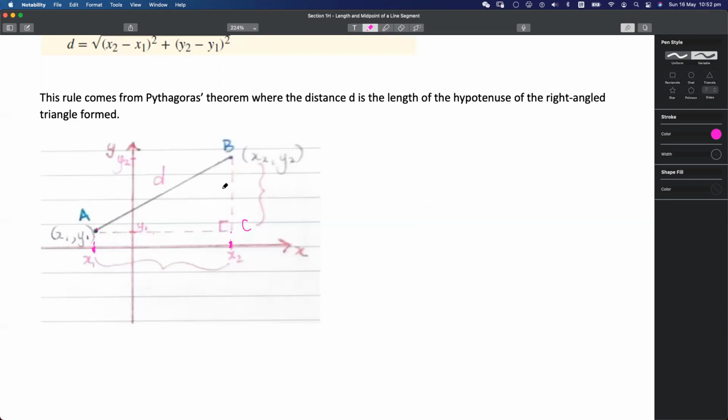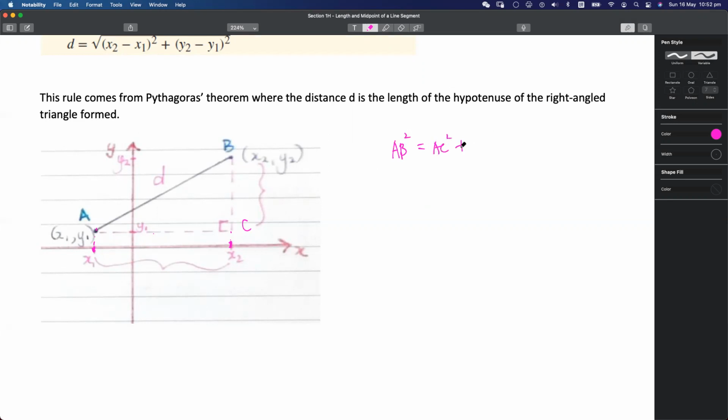And the difference of y2 and y1 would be this side BC. So by applying Pythagoras' theorem, we have AB squared is equal to AC squared plus BC squared.